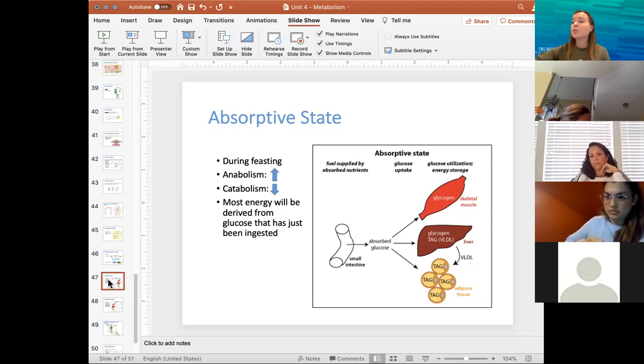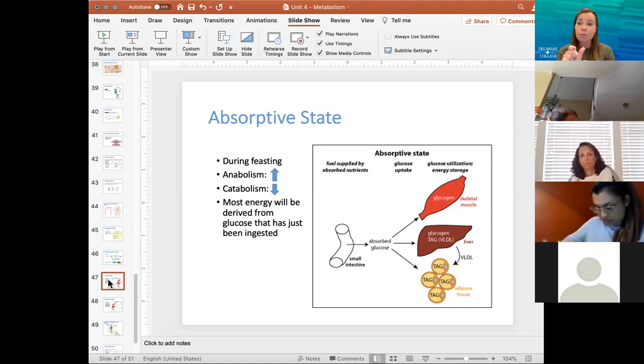Okay, so now you have to go back and remember what these reactions mean. Glycogenesis. So glyco refers to glycogen. Genesis means you're forming it. So this is forming glycogen. Remember, to know if this is going to be occurring at this time or not, remember what glycogen is.